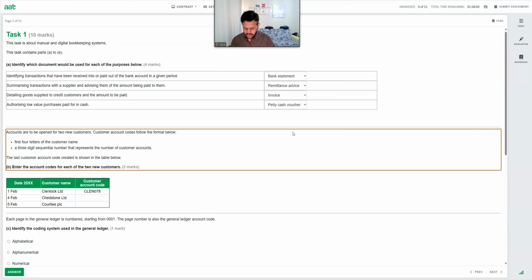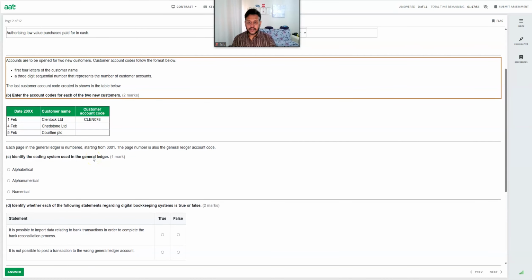The next one we have here is for creating a code. Very simple. This one could ask you in a different way. For example, here they said first 4 letters. In the exam it might ask you for the first 3 letters or 5 letters.